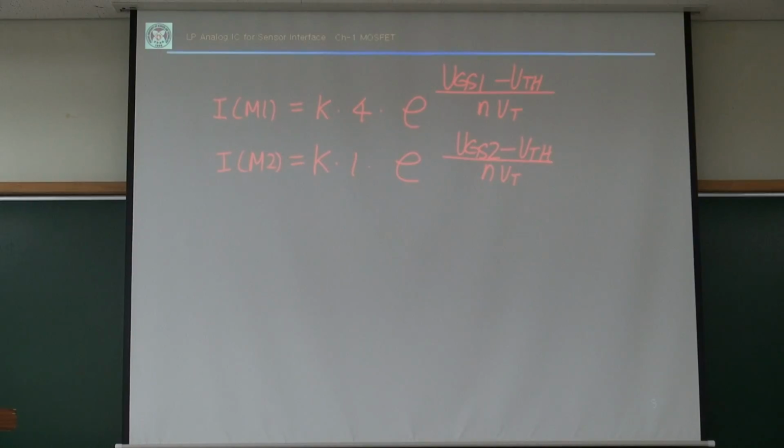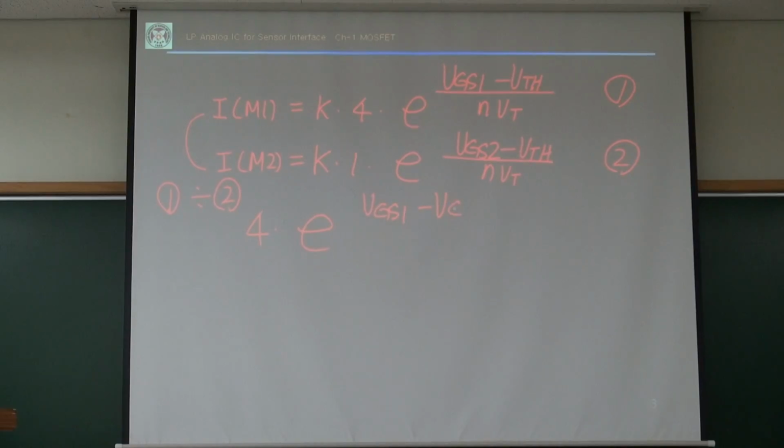Then, actually, this current is the same, right? Those two currents are the same. Then, see, I can find, so let's just see. Say I just divide it. Then what's the exponential? So it says 4 exponential. I divide the equation 1 by equation 2.